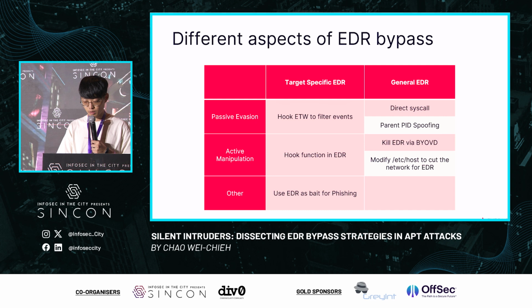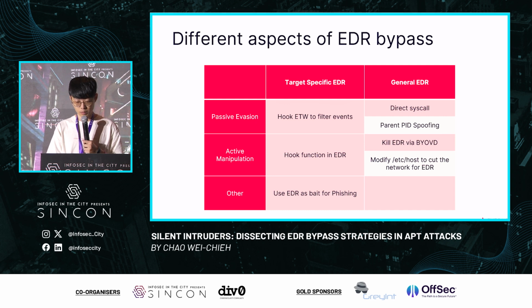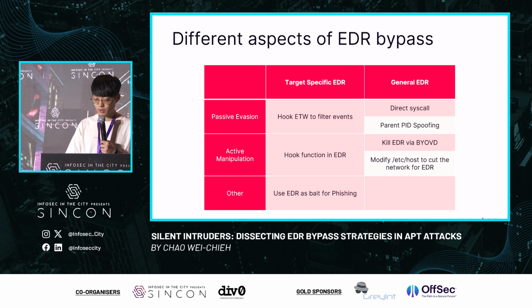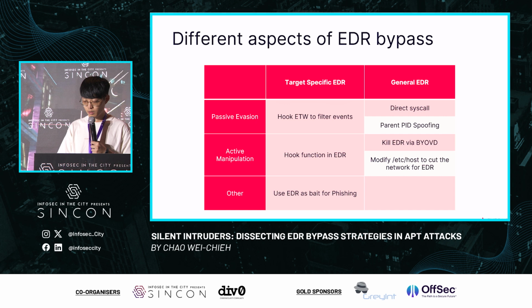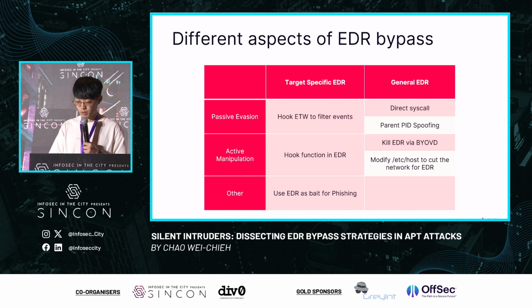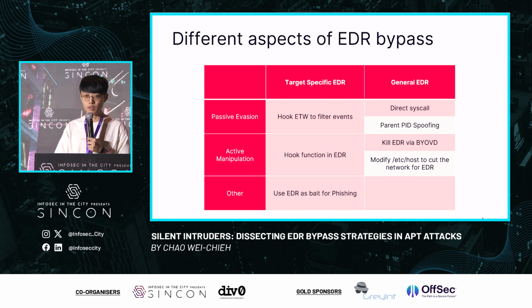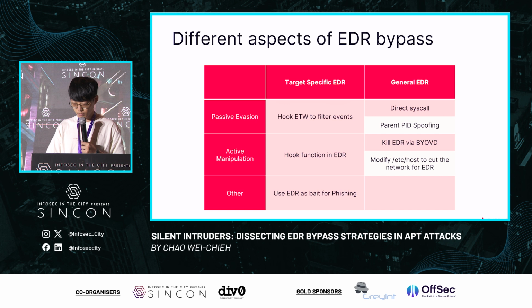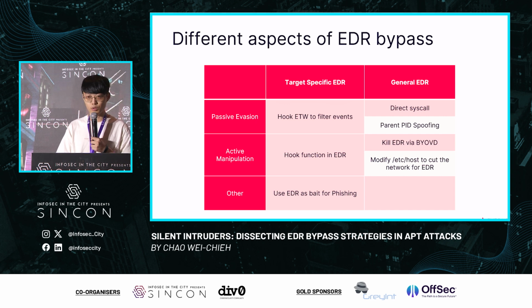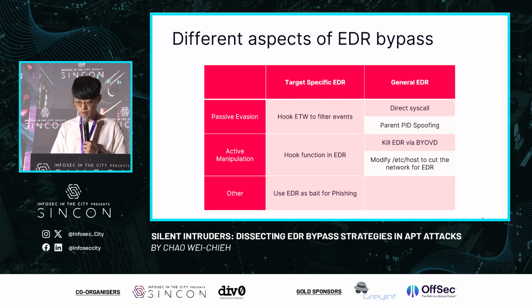You may notice that there's an other category in the table. We will see this technique in the last APT case, which involves using EDR as a phishing bait. While this is not a traditional EDR evasion technique, it is still quite interesting to see, so we will discuss it in the last APT case.